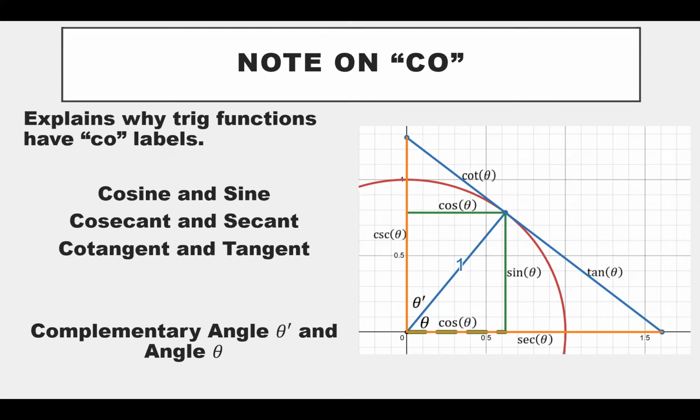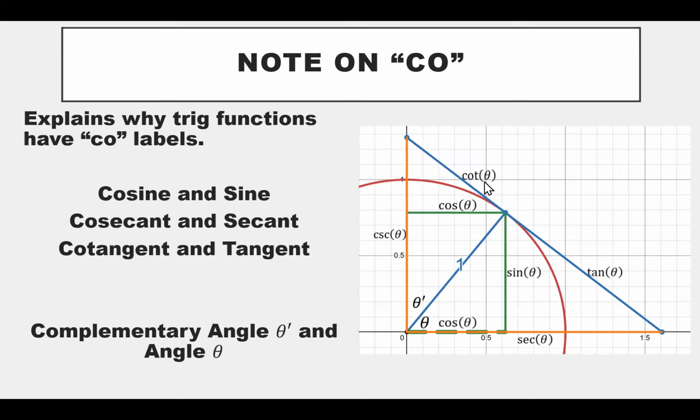In other words, the side opposite angle theta is length sine. The side opposite the complementary angle is cosine. So it is the sine of the complementary angle. That's where it gets its name from. So cosine is literally just the sine of the complementary angle. The same can be said for tangent and cotangent.